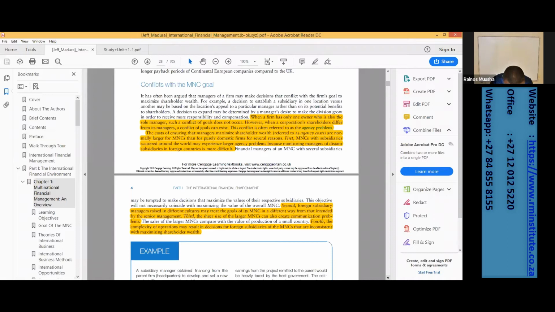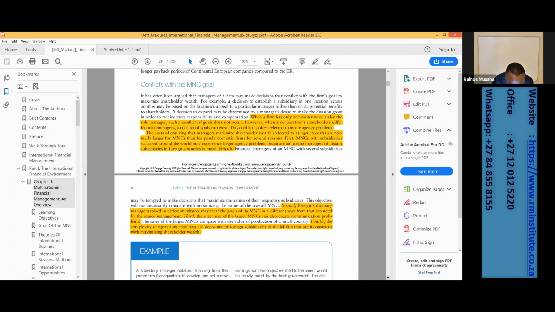Then third, the sheer size of the larger multinational company can also create communication problems, mainly because there are so many subsidiaries operating in different economies, and the company is going to be too big, which means that monitoring and managing such a company is usually difficult. Then, if you skip the next sentence, they say, fourth, the complexity of operations may result in decisions for foreign subsidiaries of the multinational company that are inconsistent with maximizing shareholders' wealth.